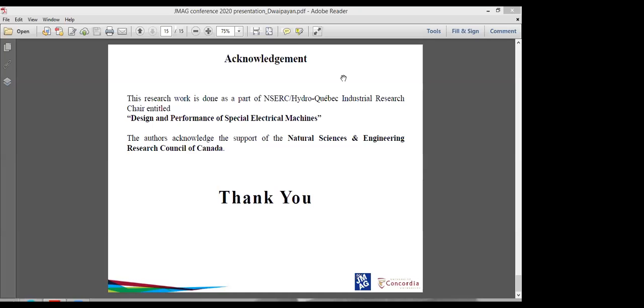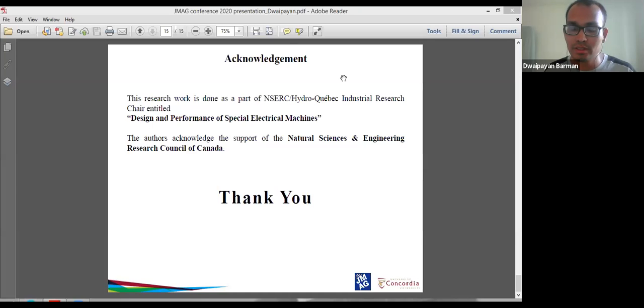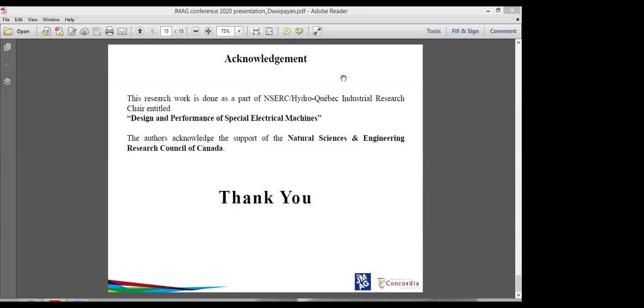Oh, it looks like we have a question here. Let me read it out loud. How to solve the issue of torque drop during magnetization shifting? And then Mohammed says, to keep the torque continuous, to be clear.